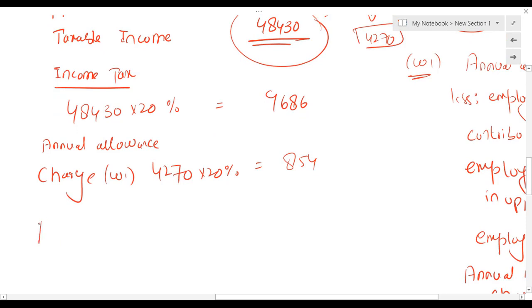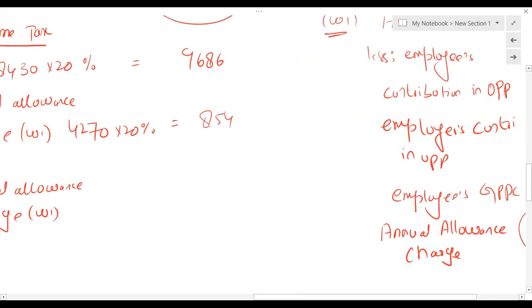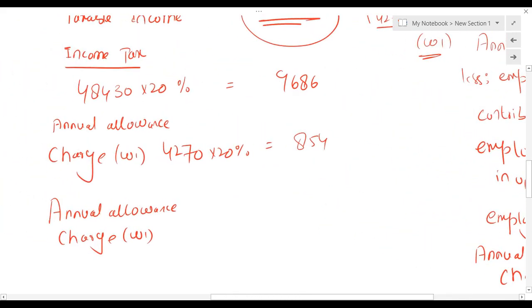For the annual allowance charge, from 25,000 you have to deduct 4,270. 25,000 minus 4,270, the remaining amount is 20,730. Now I have to use the higher rate band because the basic rate band is finished. 8,292.